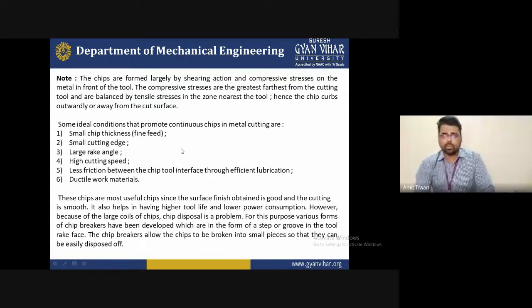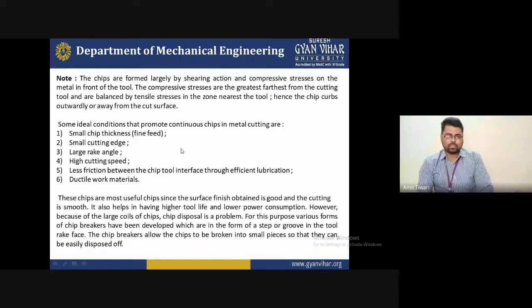So whenever you require good machinability, lubricant is required. Due to this, we prevent damage to the material, damage to the cutting tool, and burning of the surface at the tool interface. So efficient lubricant is required to prevent problems at the chip-tool interface while producing a continuous chip.